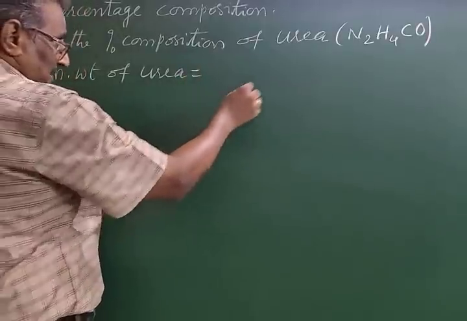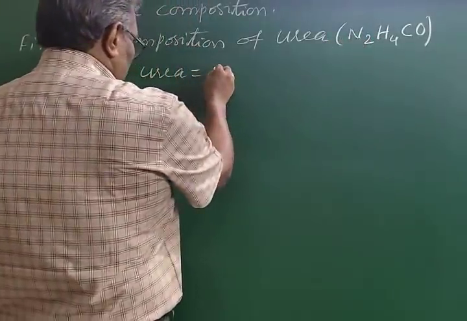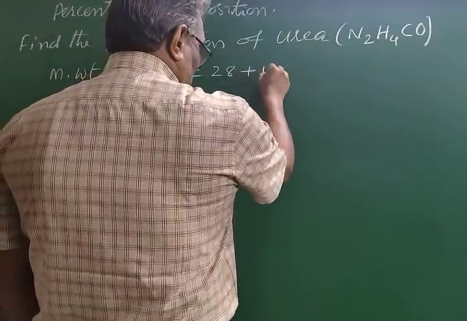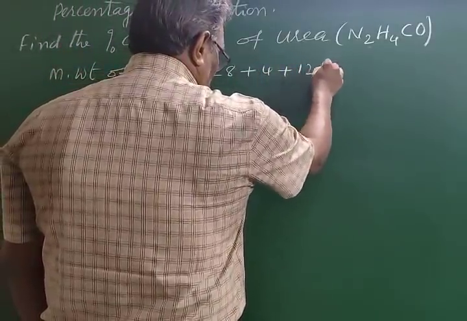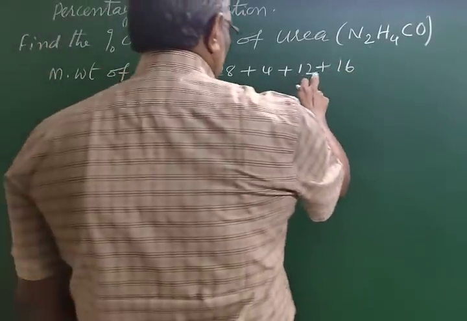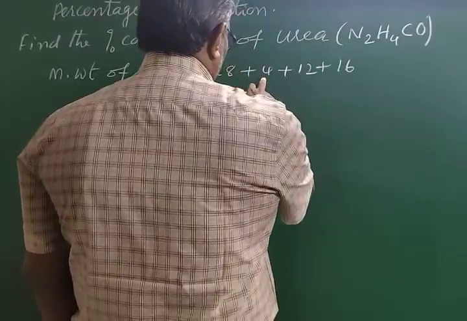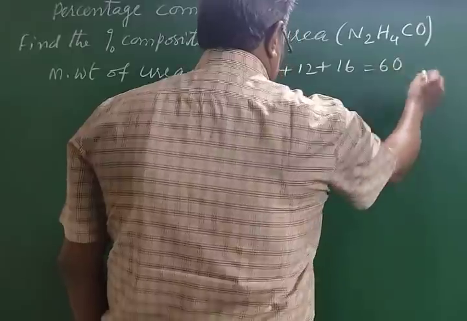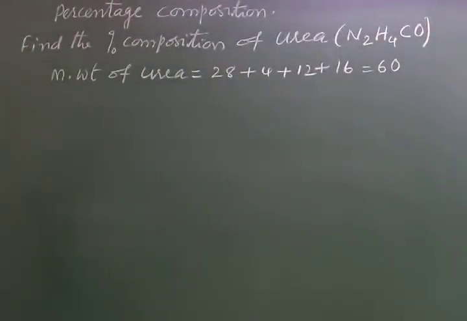Molecular weight of urea is equal to 2 into nitrogen, 2 into 14, 28, plus 4, plus 12, plus 16, that is 16 plus 4, 20, 20 plus 40, 60. Molecular weight of urea is 60.